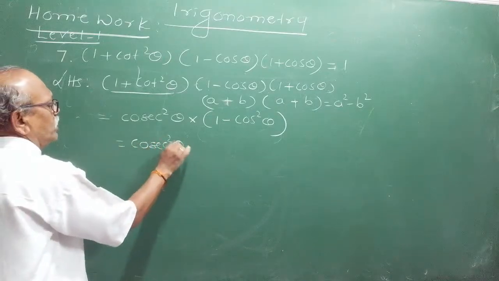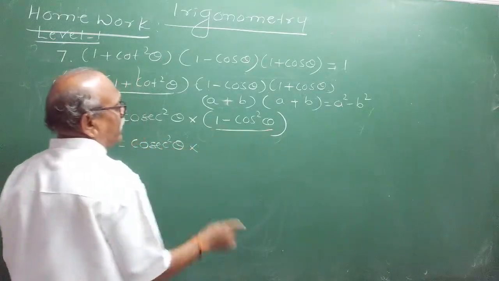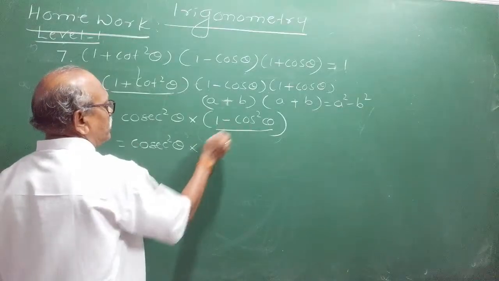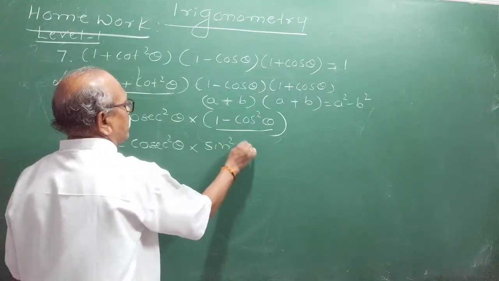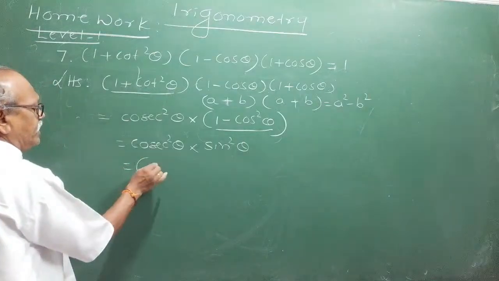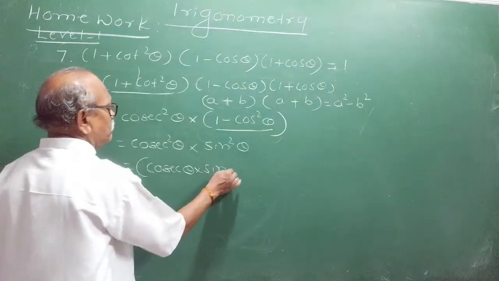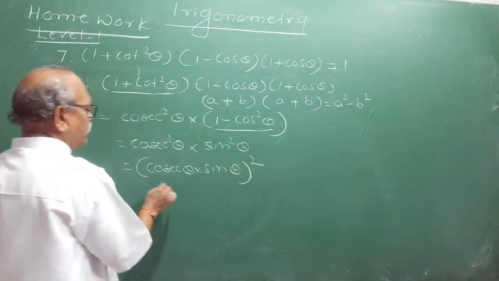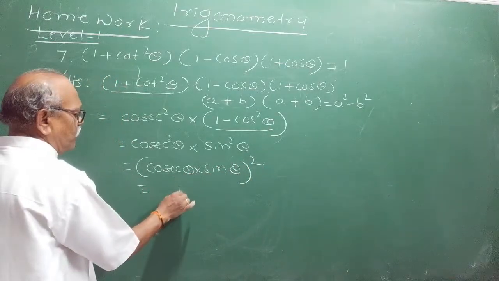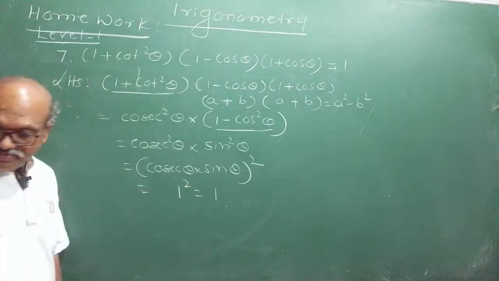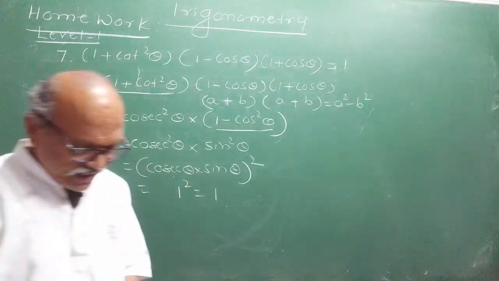What is 1 minus cos square theta? Identity, I gave you to learn by heart. 1 minus cos square theta is sin square theta. You remember them as independent identities. Then you can play trigonometric identities like football. Very easy. What is cosec theta into sin theta? 1 square, which is 1. I hope all of you got it.